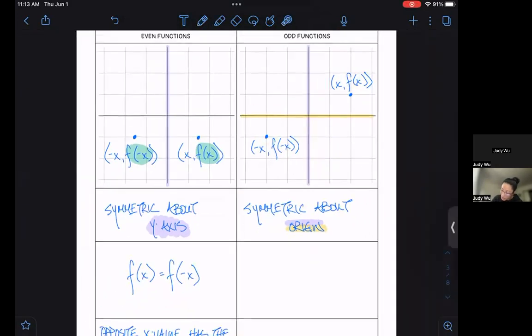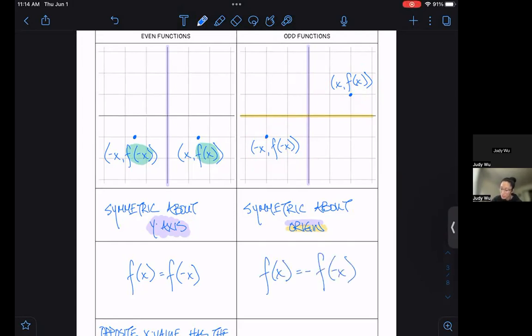Now, before we said that this point and this point had the same y value, and they do because they're along that same line. But this point and this point do not have the same y value. If this is a positive 1, then this is negative 1. And if this was positive 11, this would be negative 11, all right? So we say that f of x is equal to negative f of negative x.